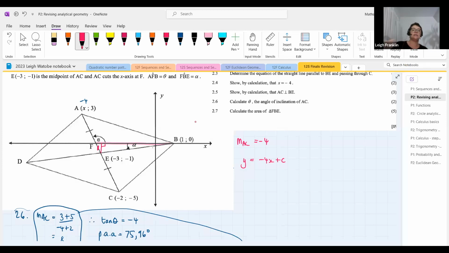So let's say I decide to sub in point A. I would say that 3 is equal to -4 into -4 plus c.